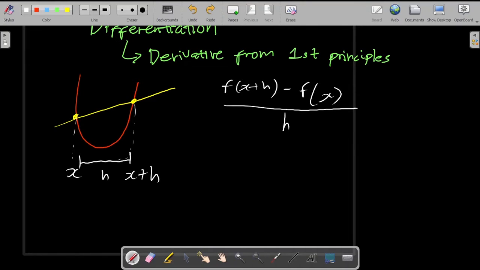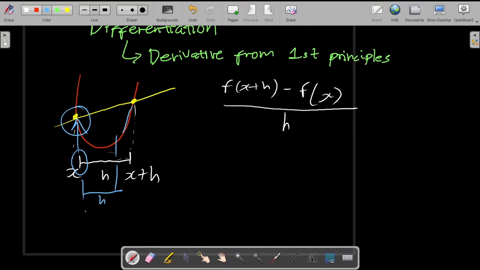And now we are saying that we want to find the gradient at a specific point. So to find the gradient at a specific point, we are basically going to reduce this h so that it's basically at this point. So we are saying that if the h is reduced, we are basically inching closer and closer to this point.